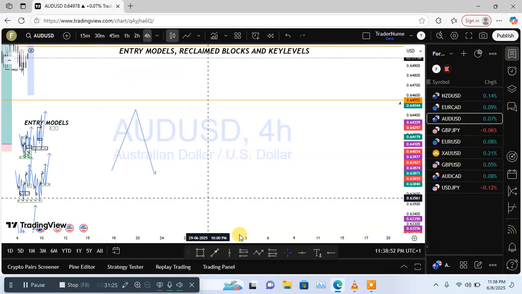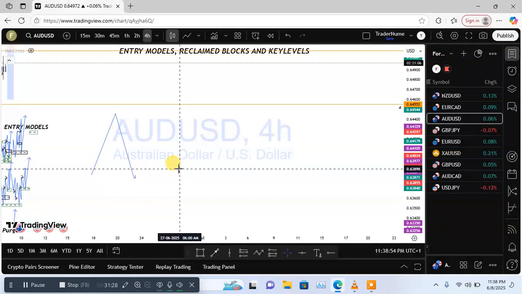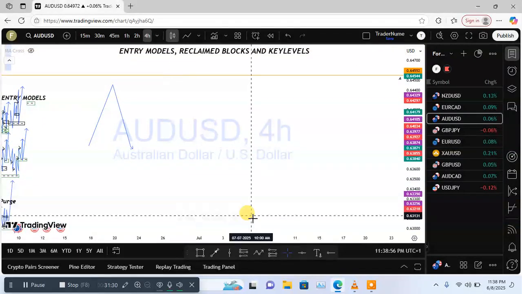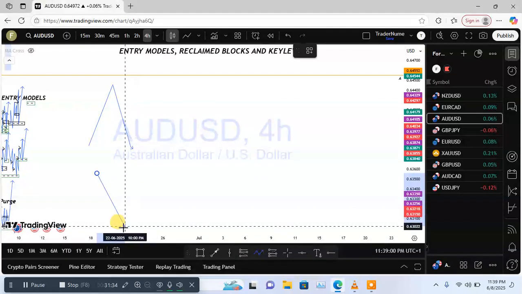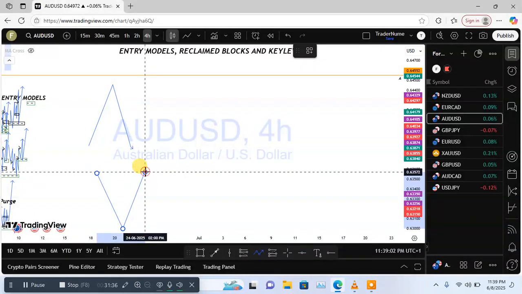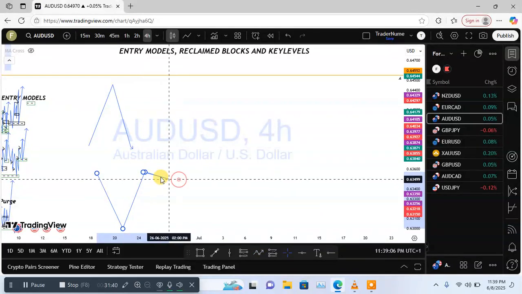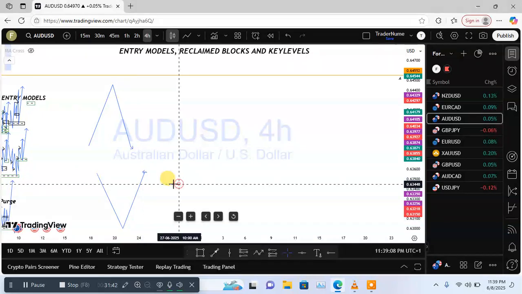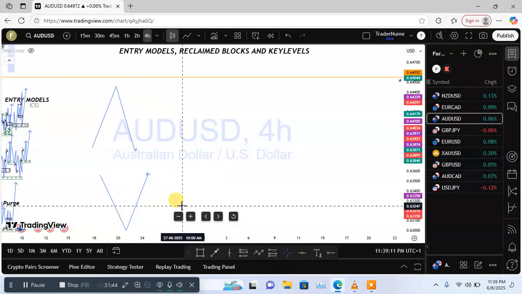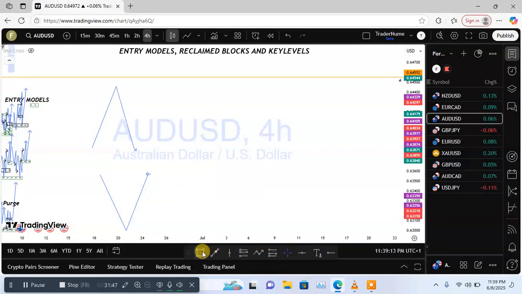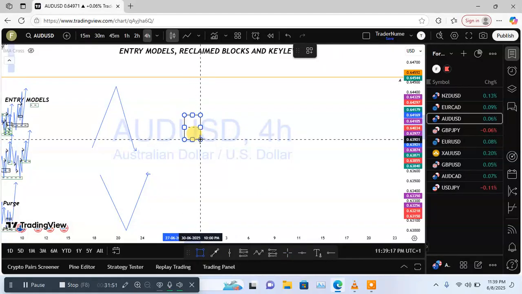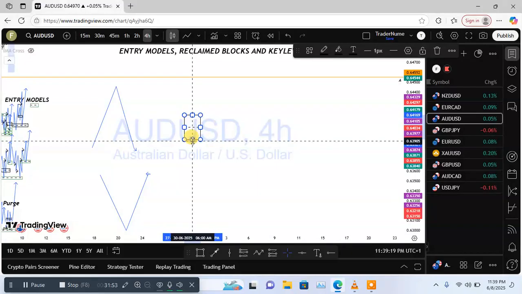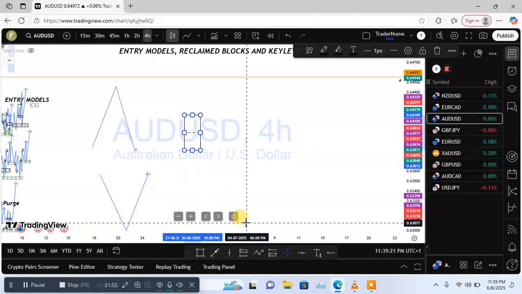We have the V-shaped key level. And we have the open and close. Now the open and close, it's just about the candles. So you look at it using the candles, right? The open and close.